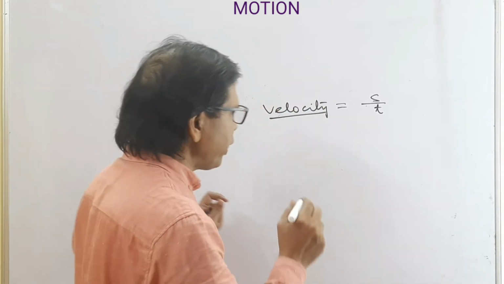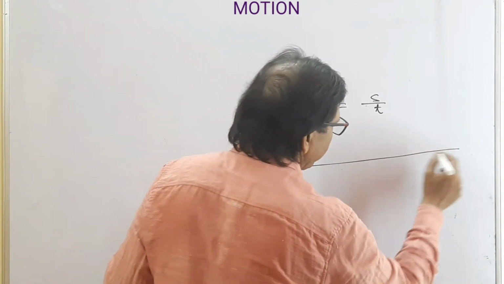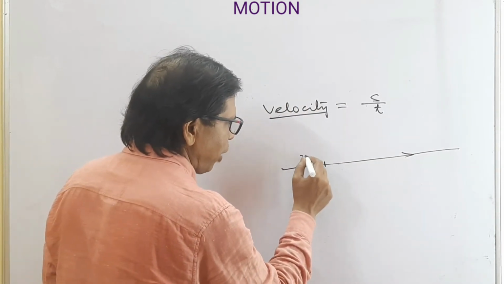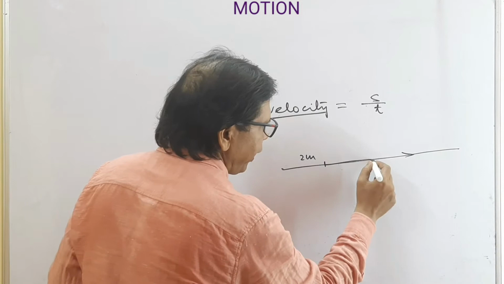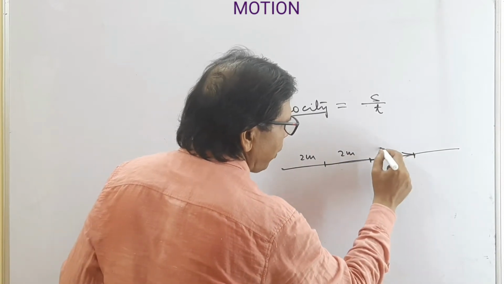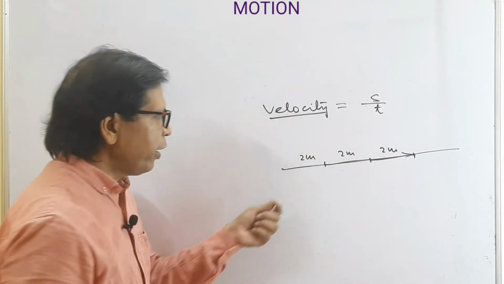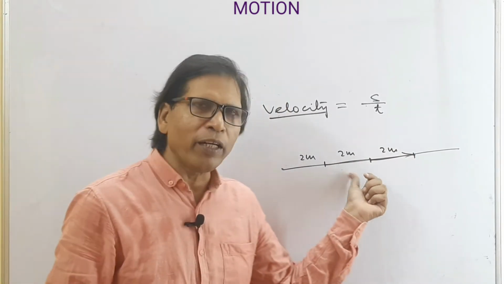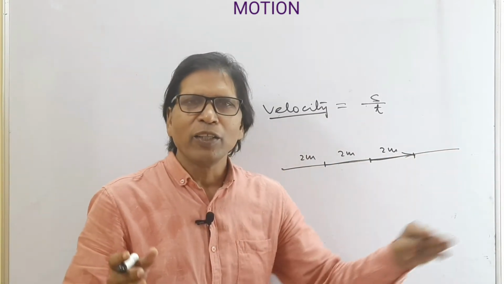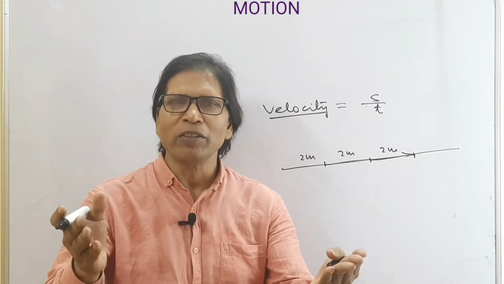Okay, suppose a particle moves in a straight line path in the same direction. Suppose in 1 second it covers 2 meters. In the next 1 second it covers 2 meters. In the next 1 second it covers 2 meters. So look at this, in every 1 second interval it covers 2 meters in the same direction. So it has uniform velocity.